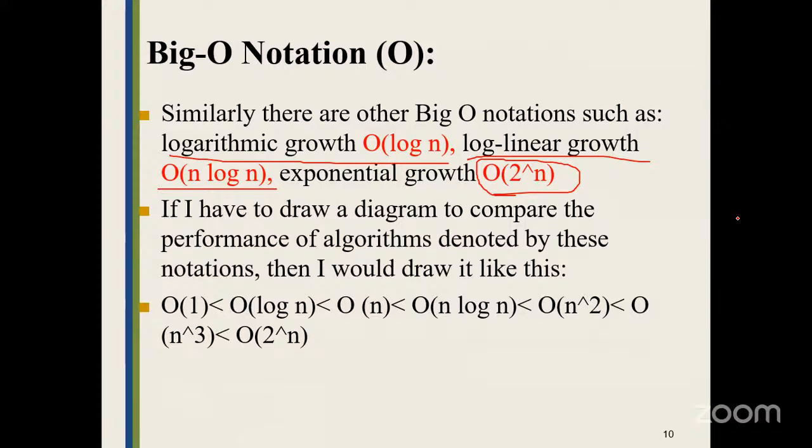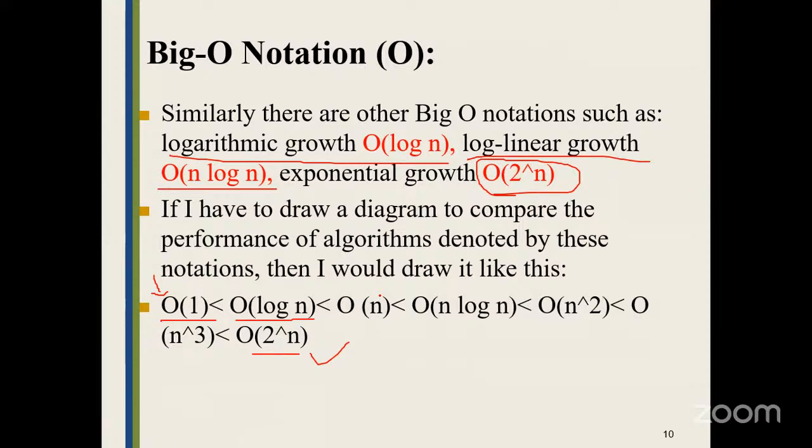If I have to draw a diagram to compare the performance of the algorithms denoted by these notations, I would draw it like this. See, order of 1 takes minimum time compared to the other time complexities. Then next, order of log n, in the same sequential order, takes less time, and the last one takes more time.